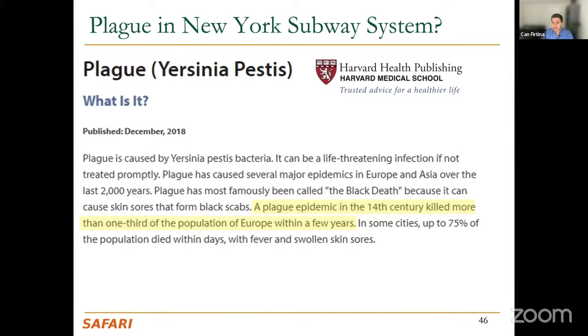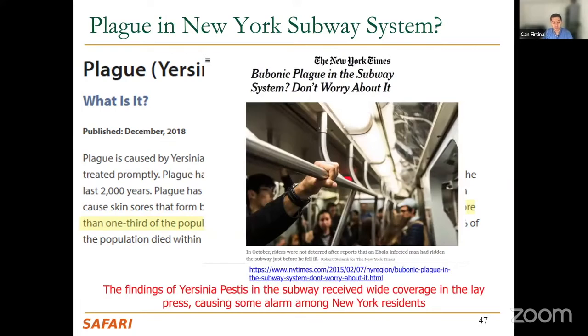There was essentially a question of whether there's plague in the New York City subway system. Plague, as you may know, killed millions of people in Europe in the 14th century. It's also known as the Black Death back in that time, and is extremely harmful for human lives.